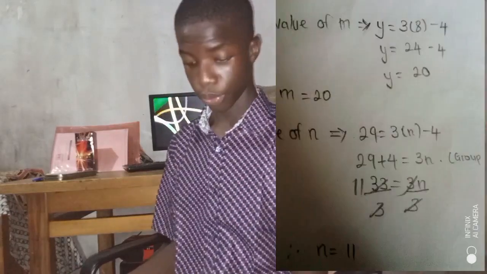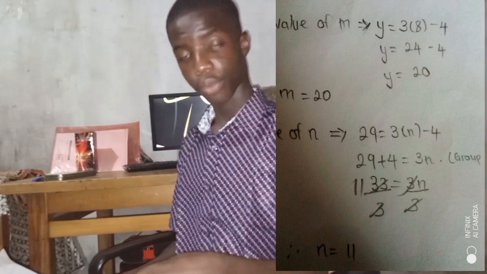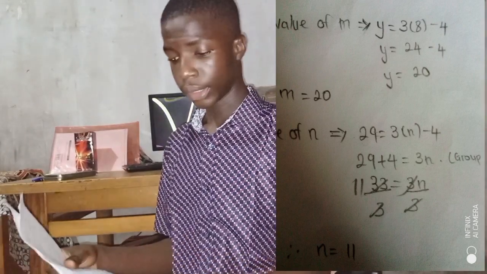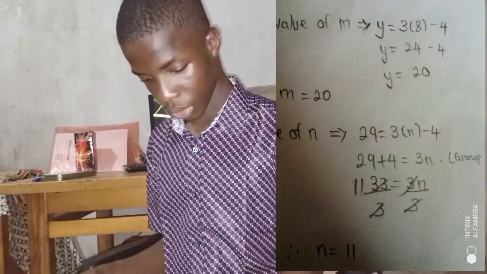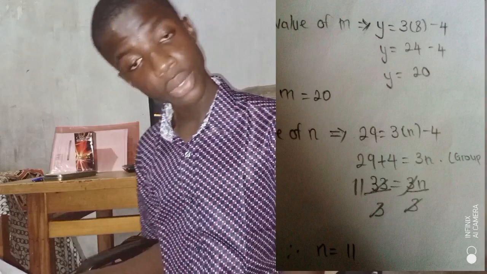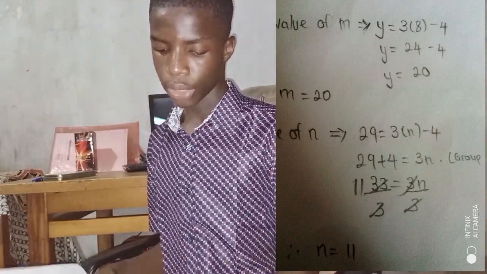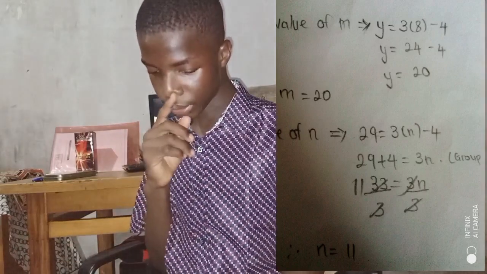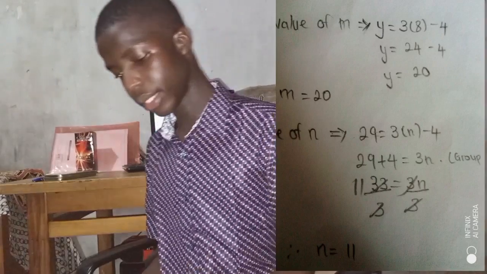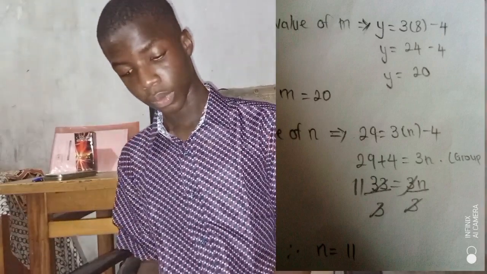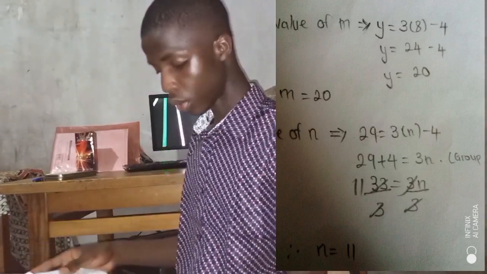So now we have our rule. We just have to put our answers over here, just like a substitution. So our value of M: y is equal to 3x minus 4, with x equal to 8. 3 times 8, we get 24. y is equal to 24 minus 4. 24 minus 4 is equal to 20.